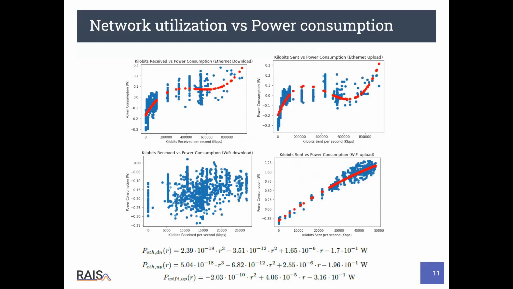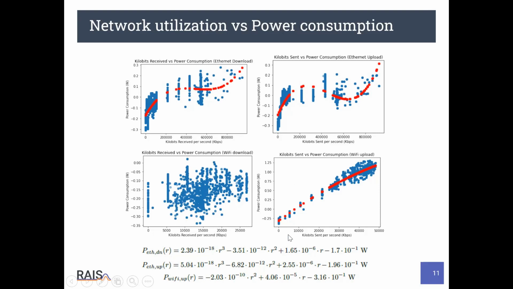And on these diagrams, you can see the network utilization versus power consumption distribution. As you can see, in the cases of Ethernet download and Ethernet upload, in both cases, the most efficient power models were the degree 3 power models.